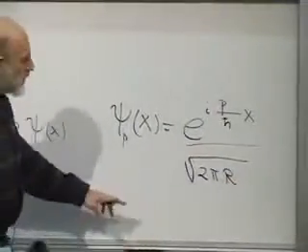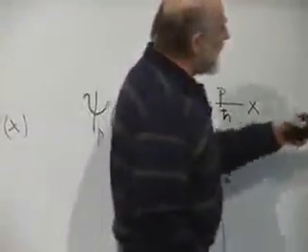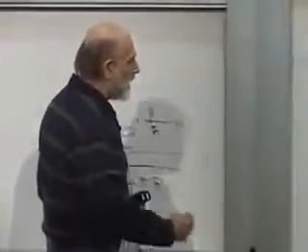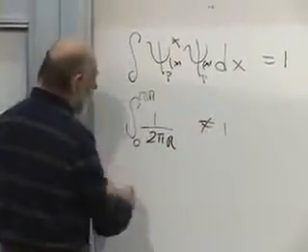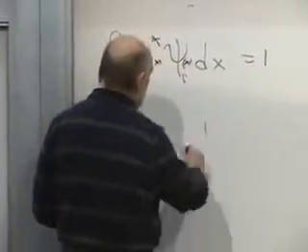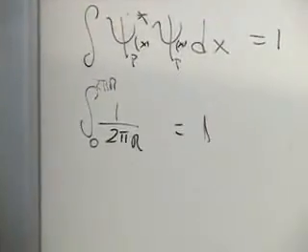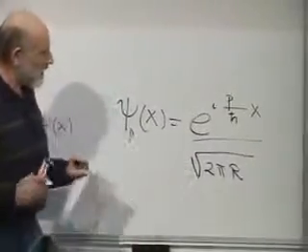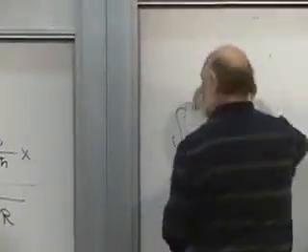It's just a numerical number that happens to depend on r. And if we do that, then psi star psi is just 1 over 2 pi r. This becomes the integral of 1 over 2 pi r from 0 to 2 pi r, and now it is equal to 1. This is just something to keep track of: it's convenient to normalize these wave functions so that their inner product with themselves is equal to 1. It doesn't play any great role in what I'm going to say, but it's nice to get the formulas right.